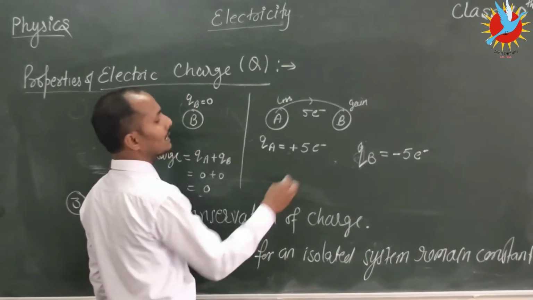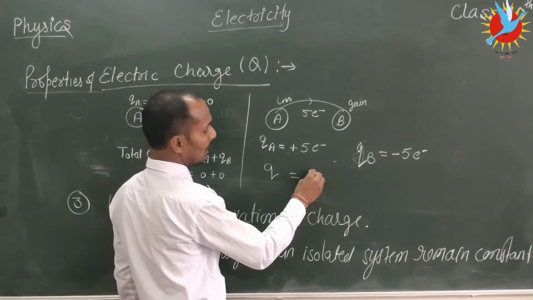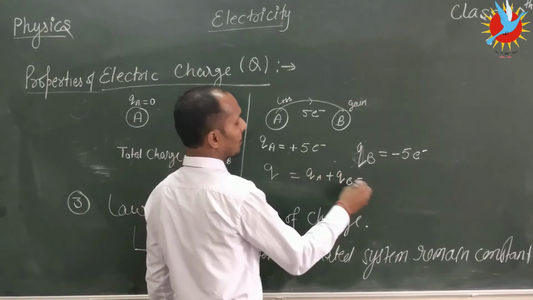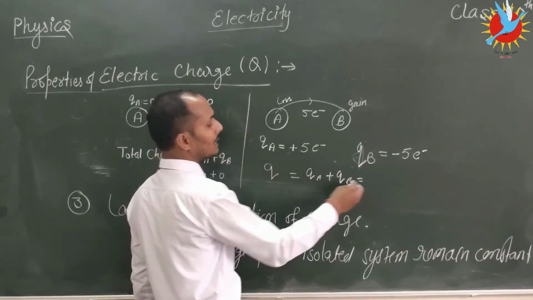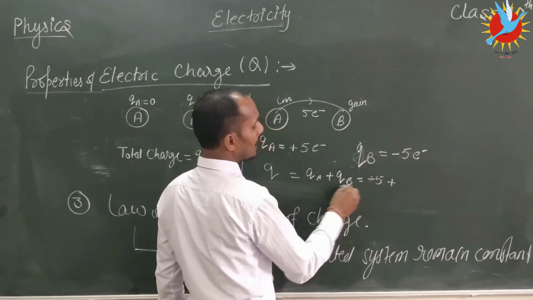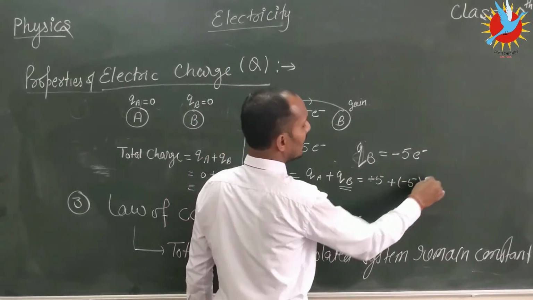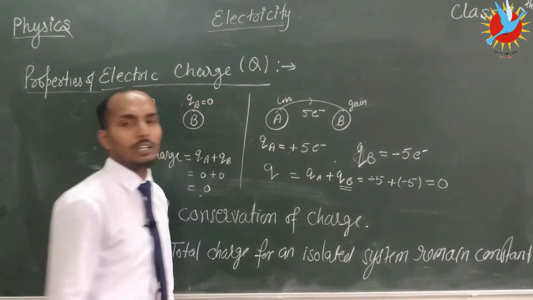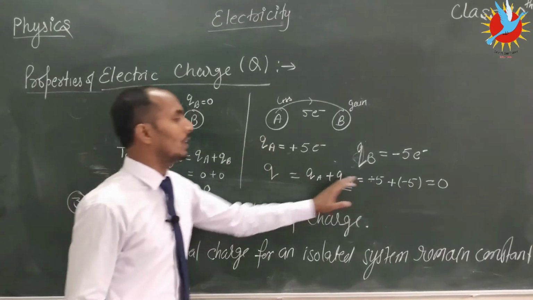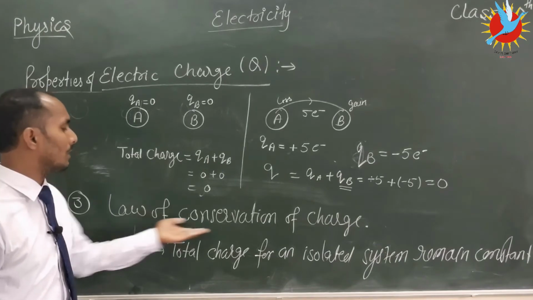After rubbing, the total charge QA plus QB is plus 5 plus minus 5, which is again 0. Before the rubbing its value is 0, and after the rubbing its value is also 0. This is known as the law of conservation of charge.